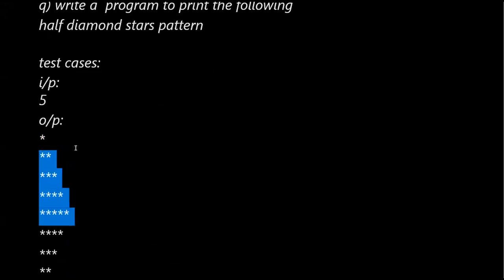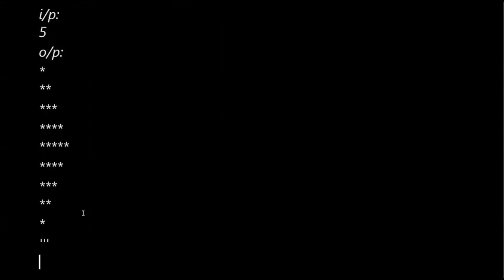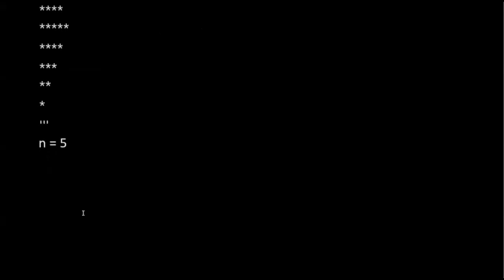To print this half part, how many lines do I need to print? Since 5 is given, 1, 2, 3, 4, 5, so totally 5 lines. So let us write n is equal to 5.